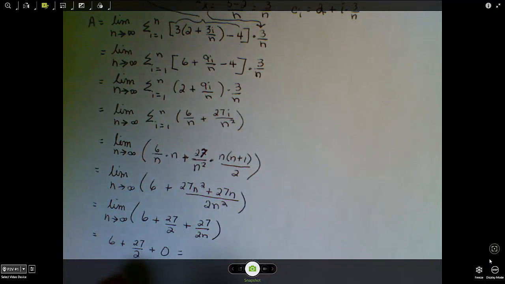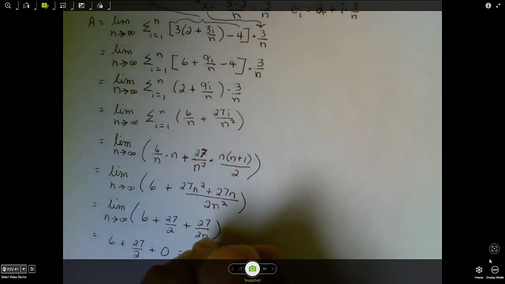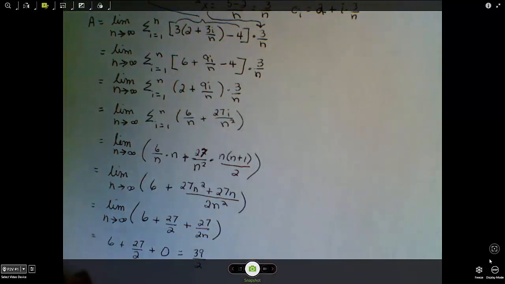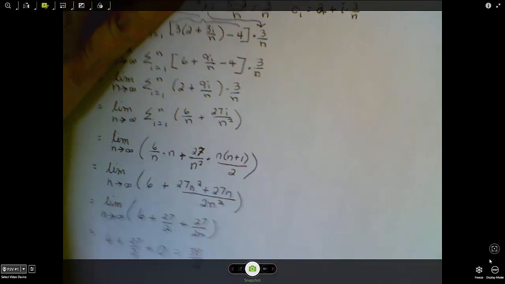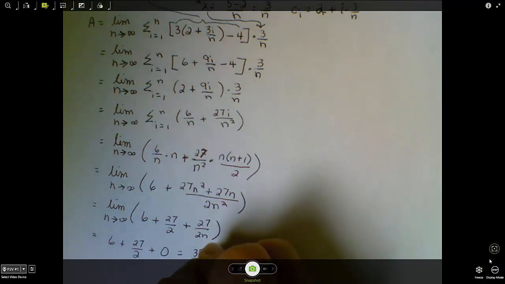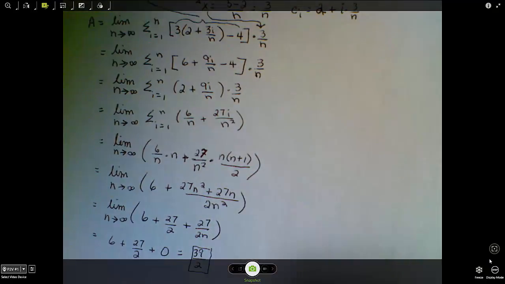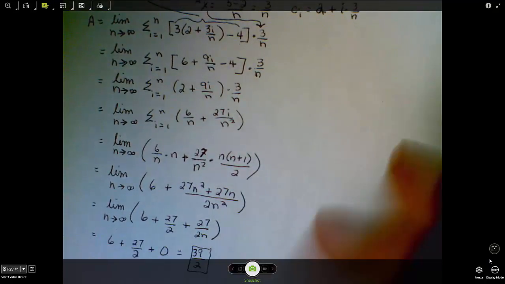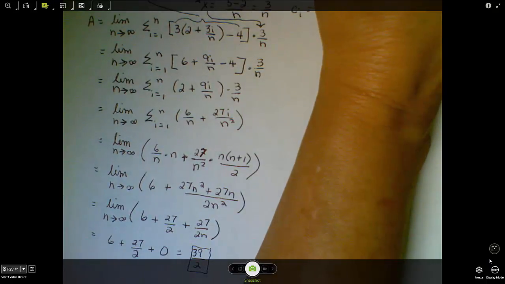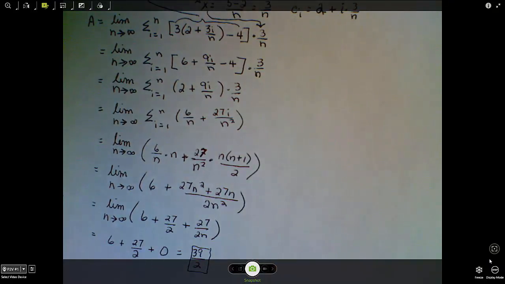If I get a common denominator for that, that's 12 halves plus 27 halves is, guess what? 39 halves. Holy cow. We got the same thing using calculus and the limit definition of area as we found when we used our 8th grade geometry.